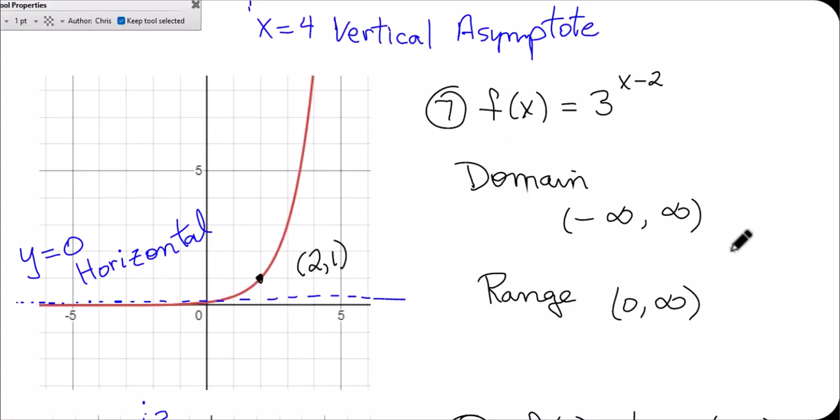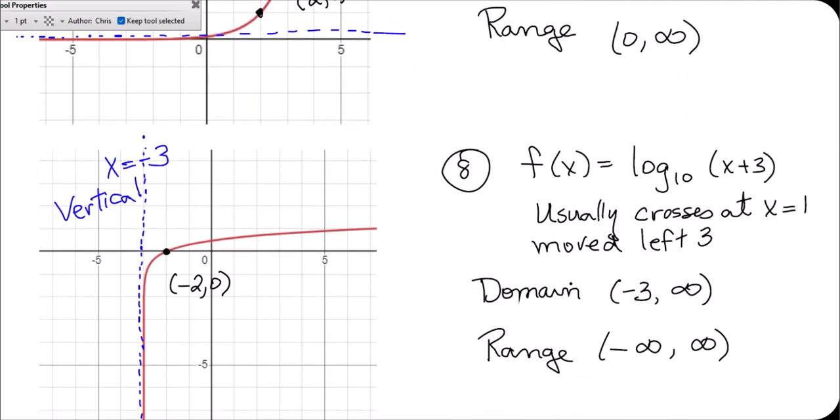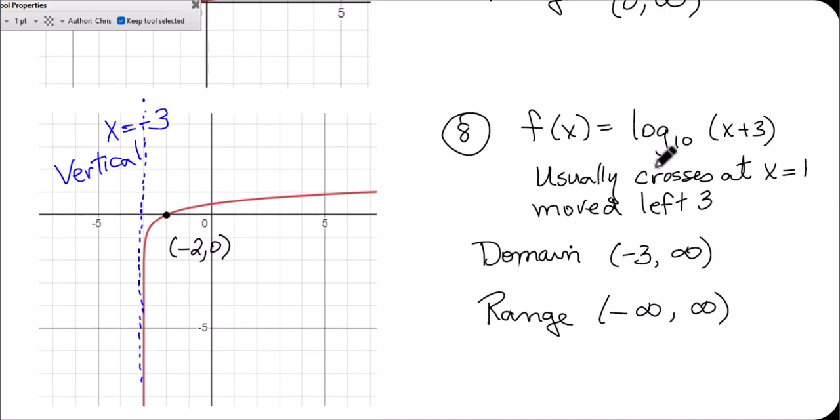All right, in our next problem, question number 8, we are looking at a log function. And looking at this log function, I see that b is bigger than 1. So it does have the basic shape of a log function. The log function normally crosses at 1, 0.